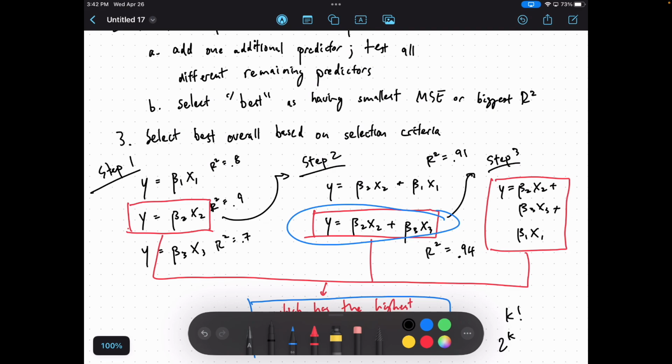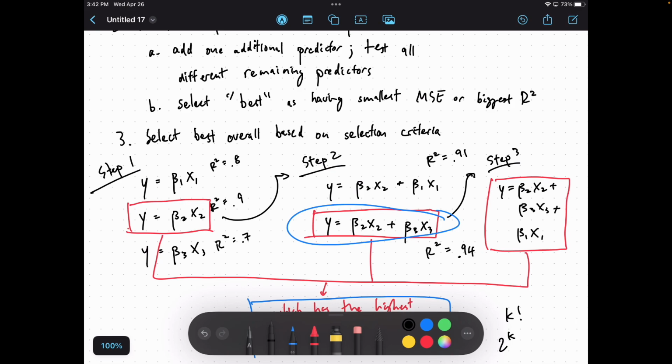Because what are we missing here? We don't have y equals beta 1x1 plus beta 3x3. We never tested that here. And it could just so happen that that one is the one that you missed and happened to be the best model. Like, it's possible, right? On the other hand, this is the trade-off that you are making, is that you can run through many combinations that you wouldn't otherwise be able to.